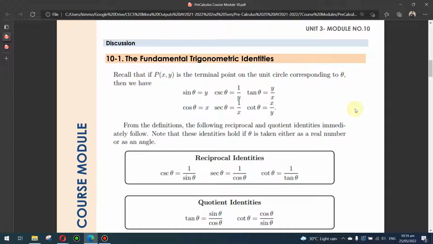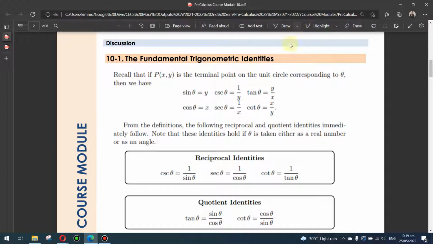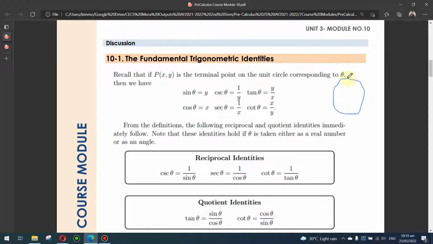So let us recall that if we have point x and y as the terminal point on the unit circle corresponding to theta, then we have the unit circle, that is a circle that has a radius of 1 and is located at the origin, or at the coordinate (0, 0).